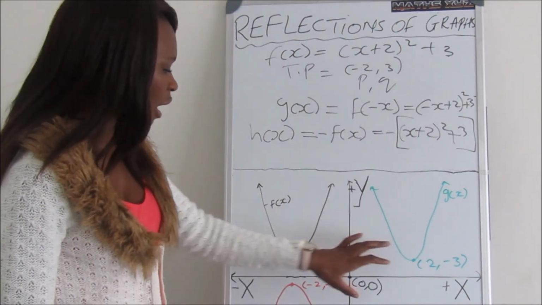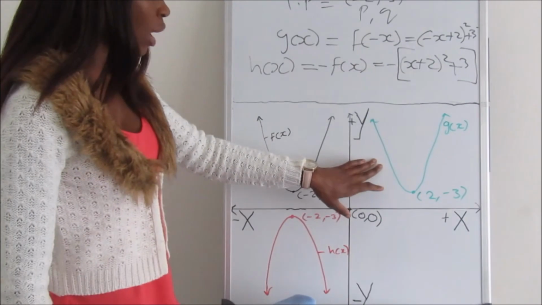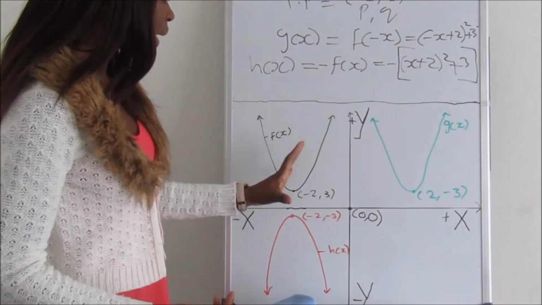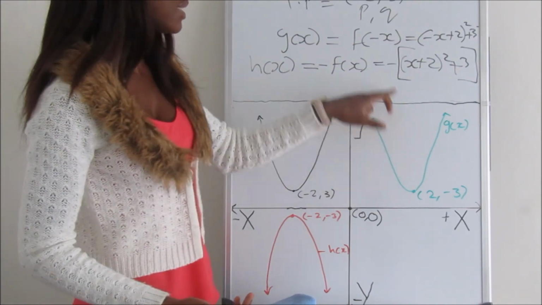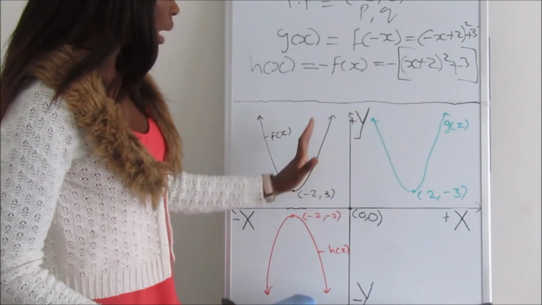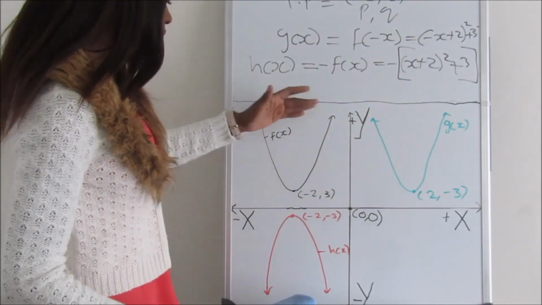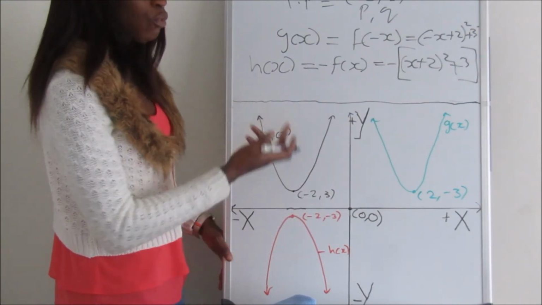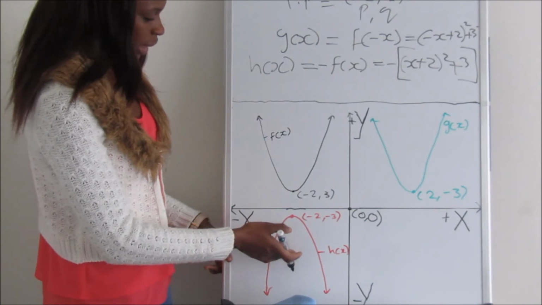Then from these three graphs, we can see that everything is equal in this graph, but only the reflection of the graph. So the mirror image of the graph of g at x, which is negative x, is along the y-axis. And then the mirror image of the graph of h at x, which is negative y, is along the x-axis.